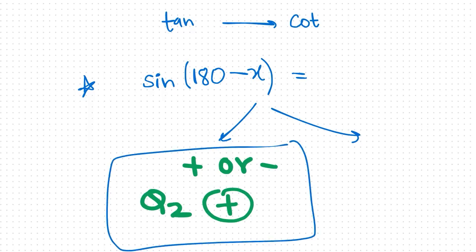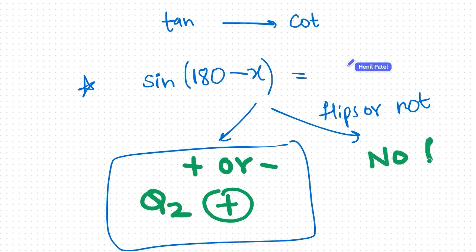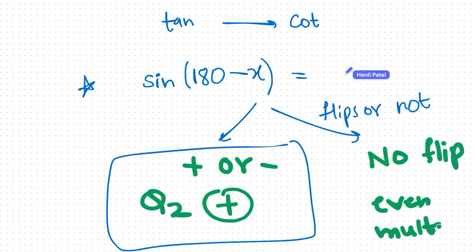The second aspect is whether it flips or not. How do we know if it flips or not? It's 180, so it won't flip. No flip for an even multiple of 90.